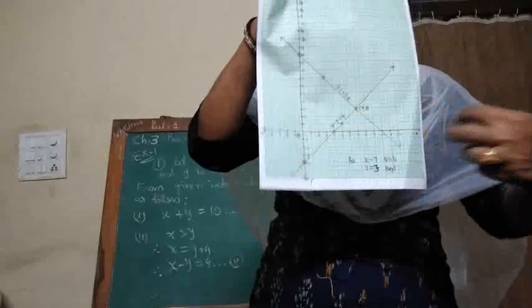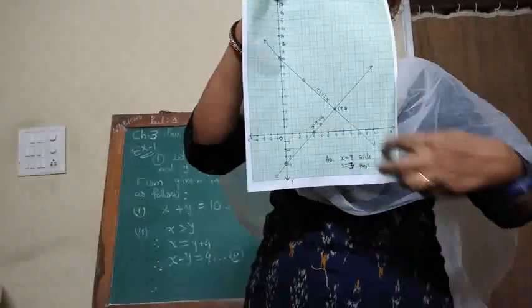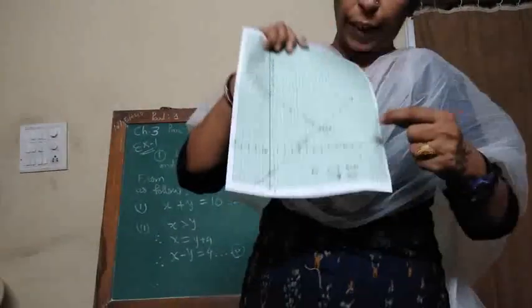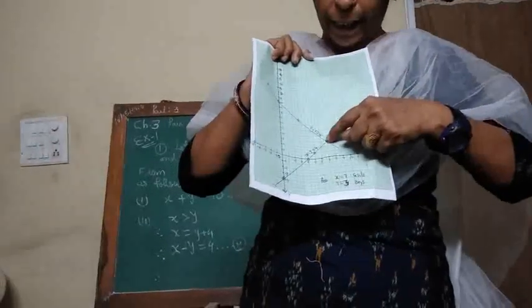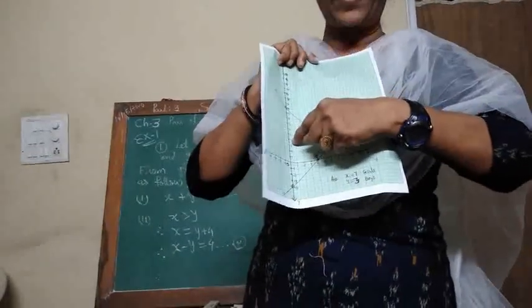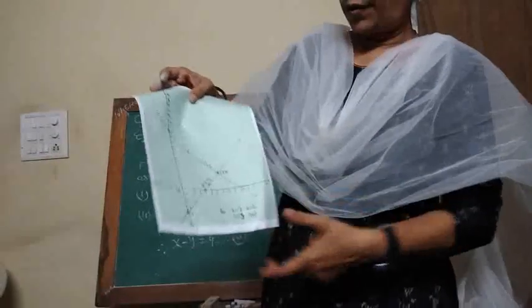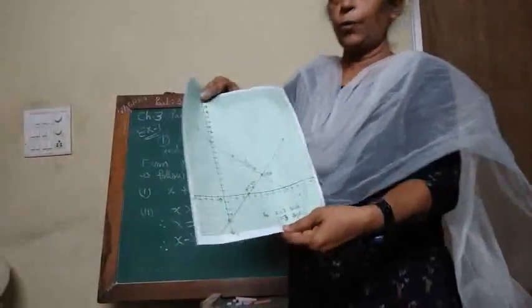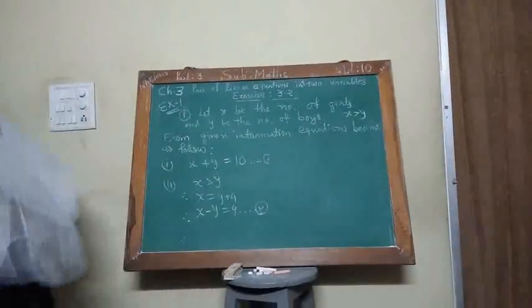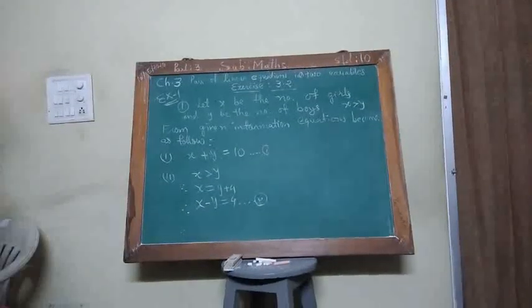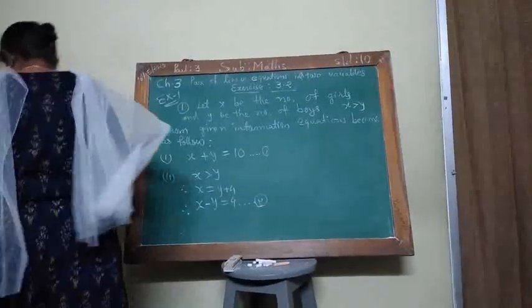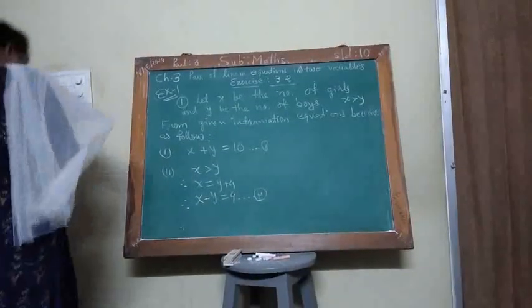I have drawn the x-axis and y-axis, and both lines intersect at the point you see here, 7, 3, meaning x coordinate 7, y coordinate 3. So this way you get a unique solution. Unique solution means if you draw the graph, both lines intersect at one and only one point, and I obtain 7, 3 as the point of intersection.